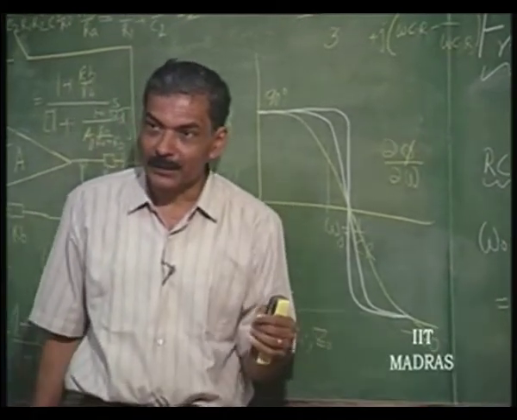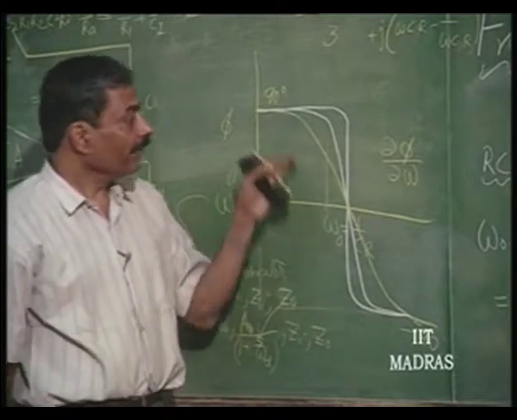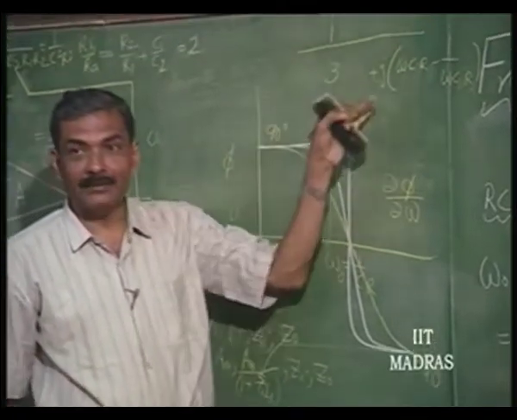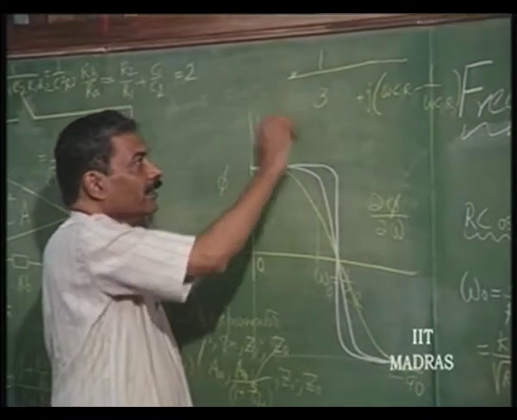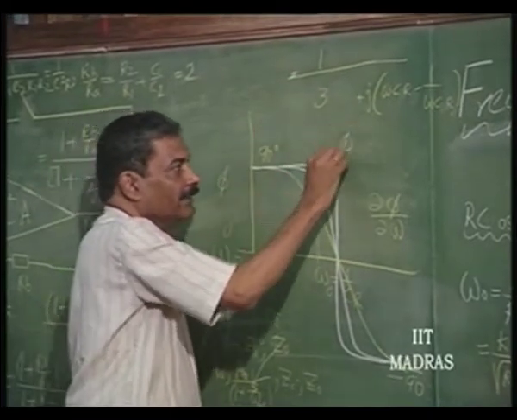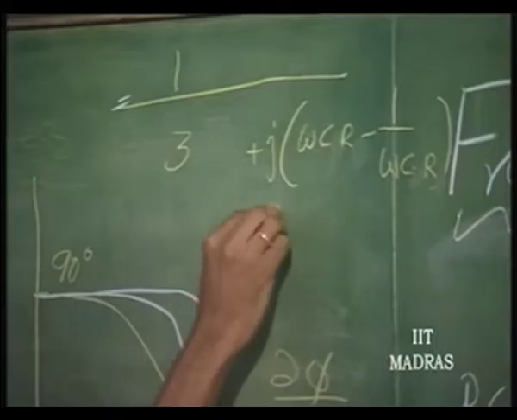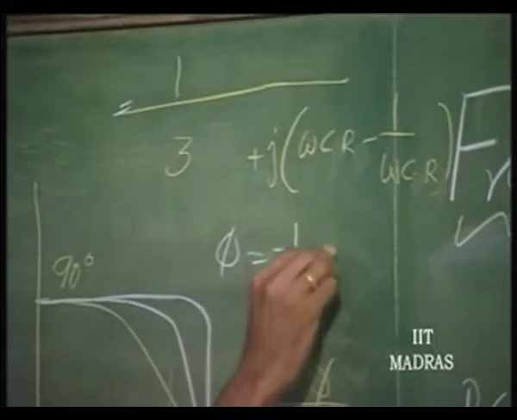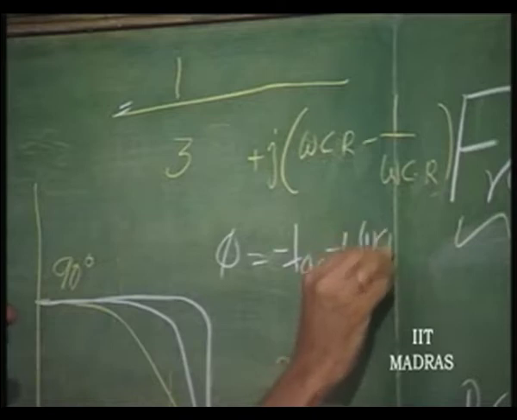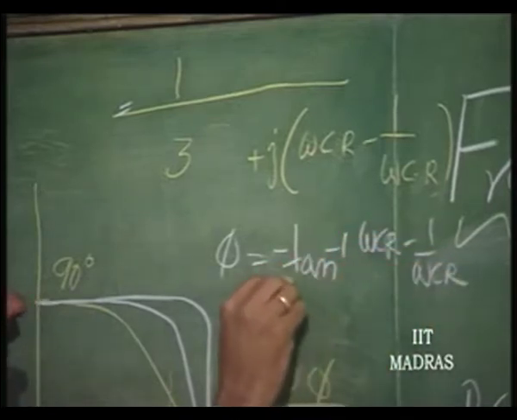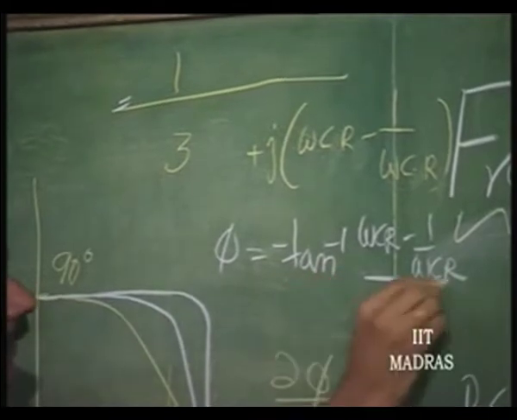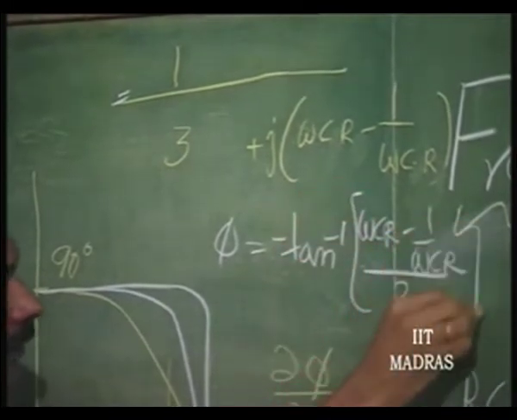If the passive network can give a steep curve, whereas in the case of a passive RC network, you can find that phi is minus tan inverse of (omega CR minus 1 by omega CR) divided by 3, right.